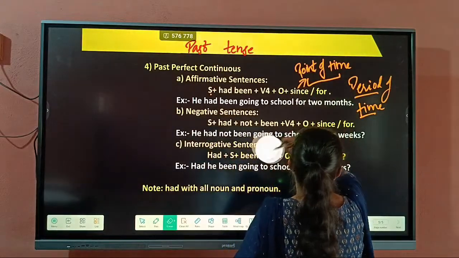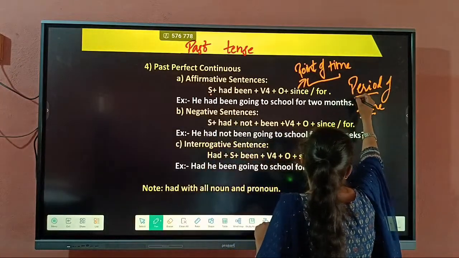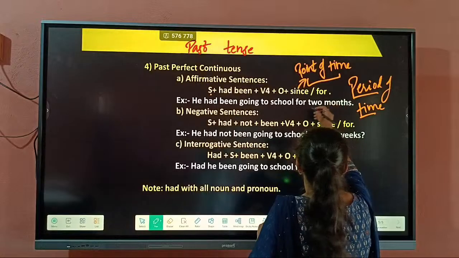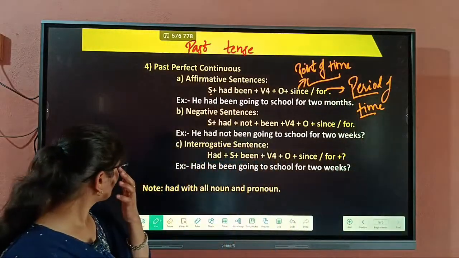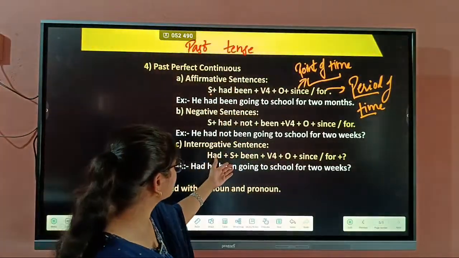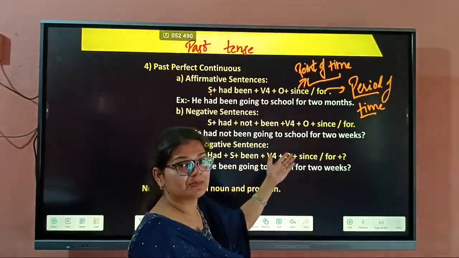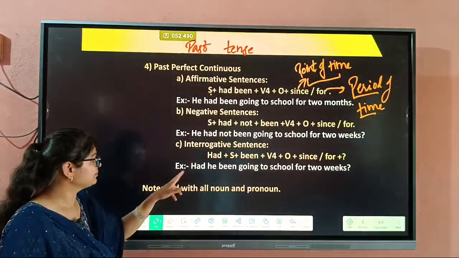Now we will discuss the last one, that is the interrogative sentence. Had plus subject plus been plus verb's first form plus ing plus object plus since or for and in the last question mark.